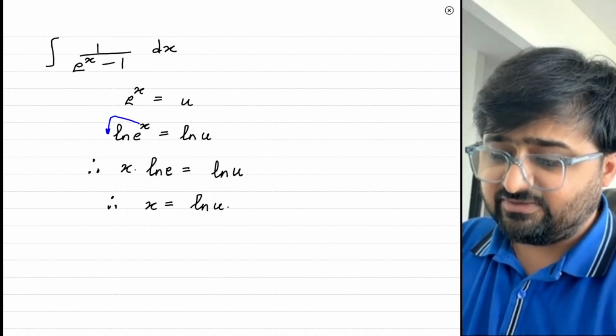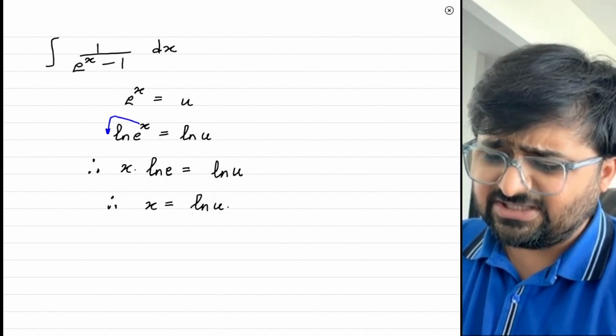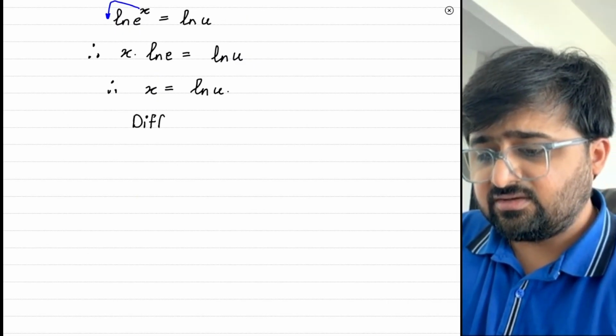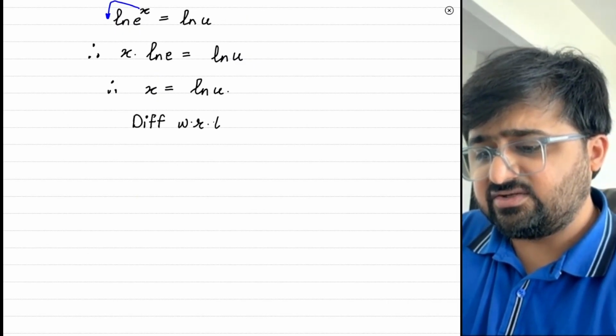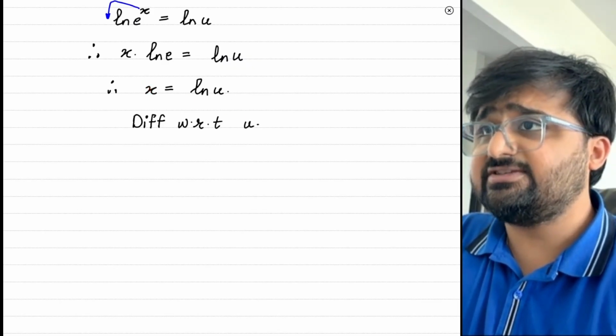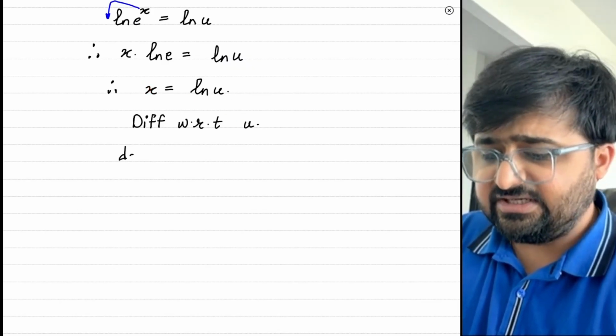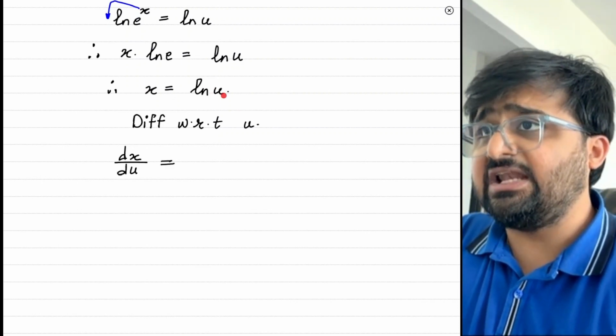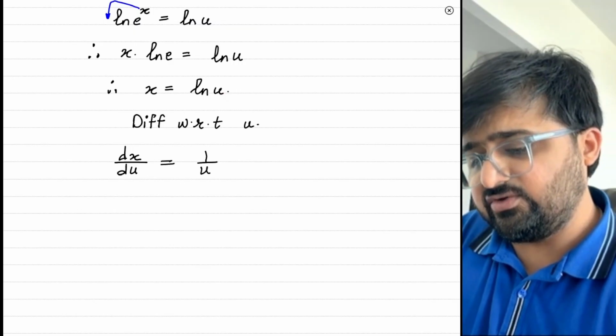Now let's differentiate with respect to x. Actually, let's differentiate with respect to u on both sides. So the derivative of x with respect to u is dx by du, and the derivative of ln u with respect to u is 1 over u.